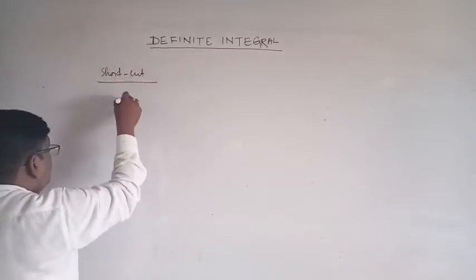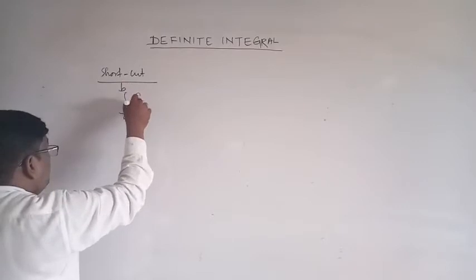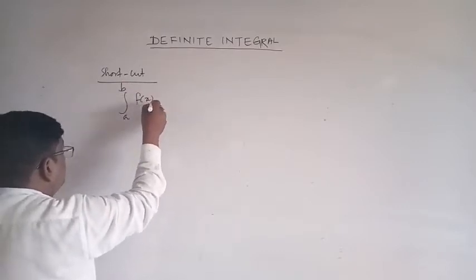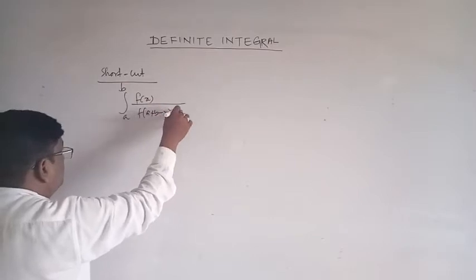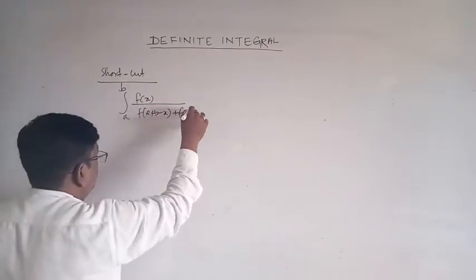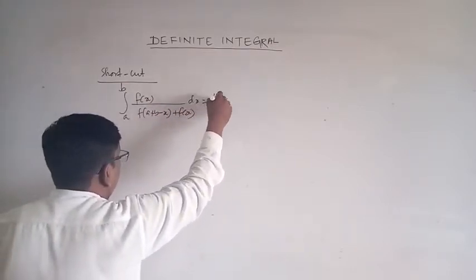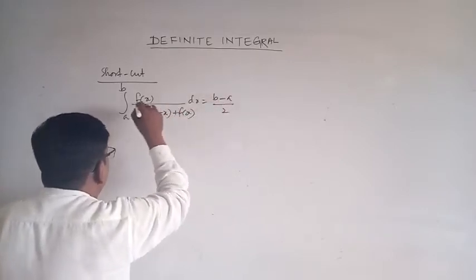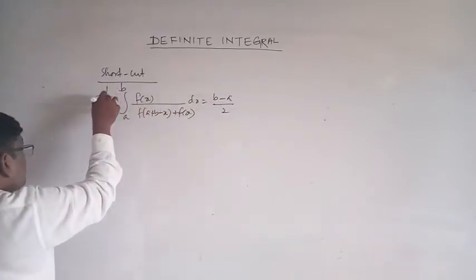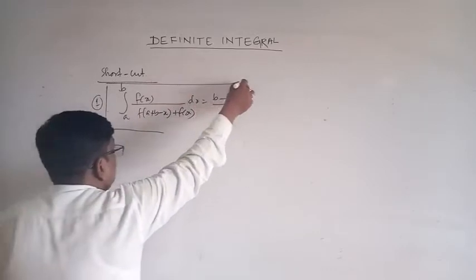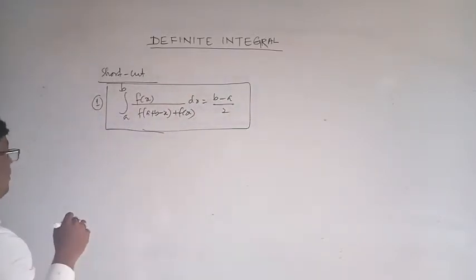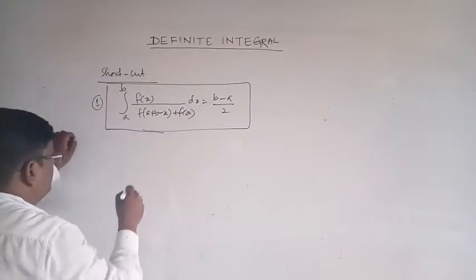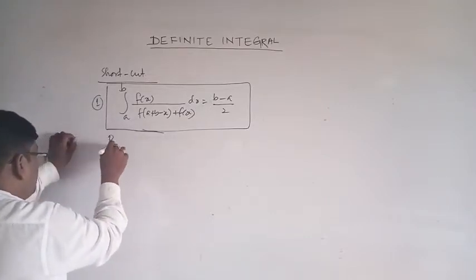That is, the integral from a to b of f of x divided by f of a plus b minus x plus f of x dx is equal to b minus a by 2. This is shortcut formula 1. Now the proof of the shortcut formula.